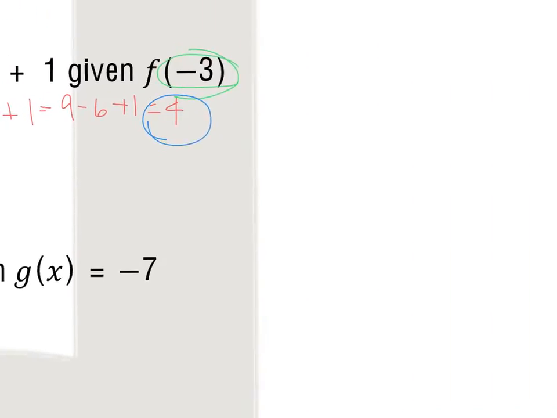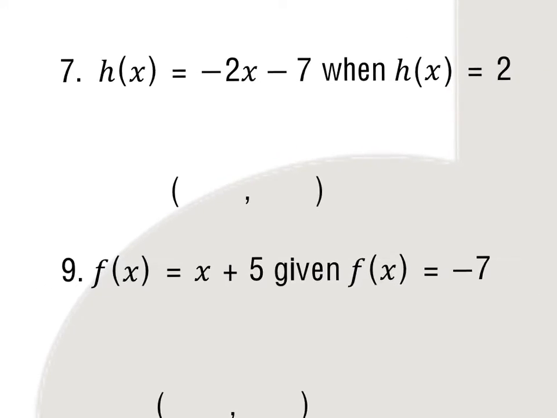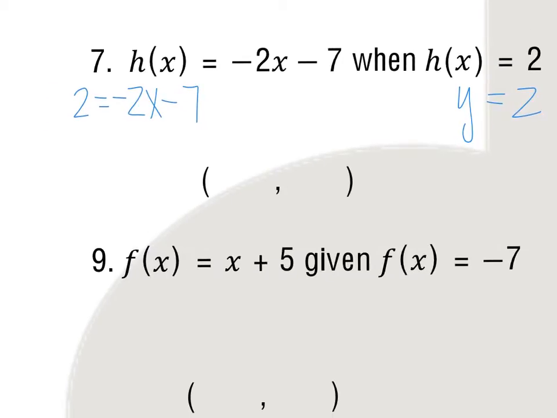If we look at number 7, it's a little bit different because they're saying that h of x equals 2. So they're telling us that y equals 2, and we're going to have to do a little bit more work. We're going to rewrite this as 2 equals negative 2x minus 7, and we have to solve this for x.